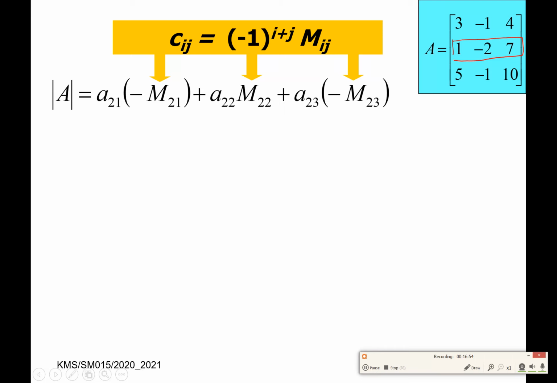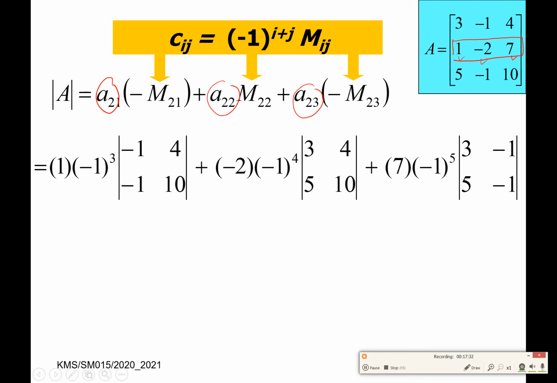Okay, the formula. Okay, let's say we do here. The formula is A21. Check, is A21. So A21 is 1. A22 is -2, A23 is 7. And you can look here for this cofactor. They are already given to you the symbol. Means is this is 2 plus 1, 3. Odd ij is negative. Even ij for this one, this is positive, and this is odd is negative.